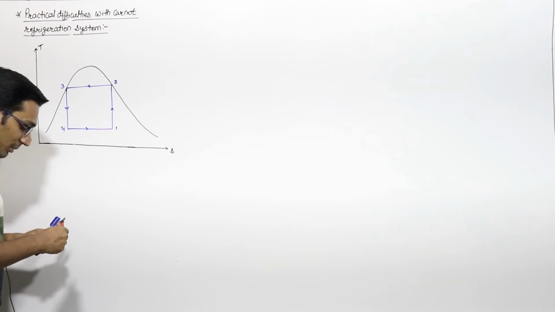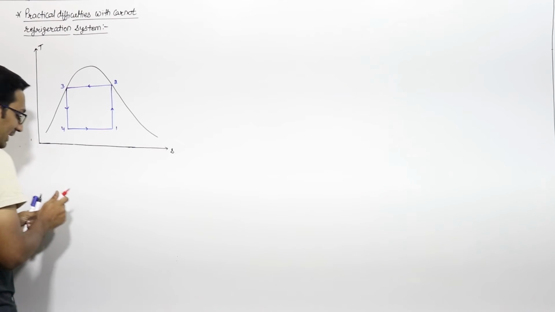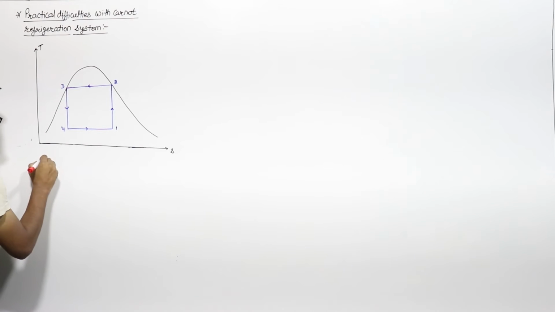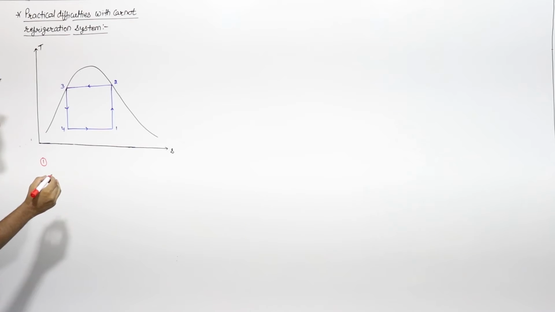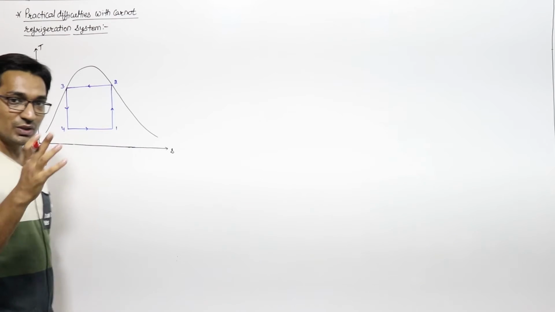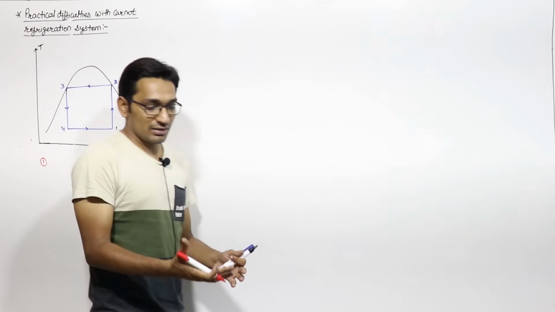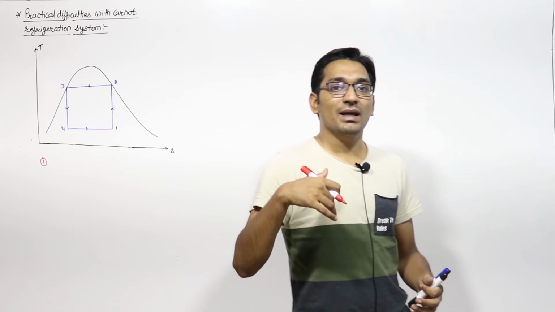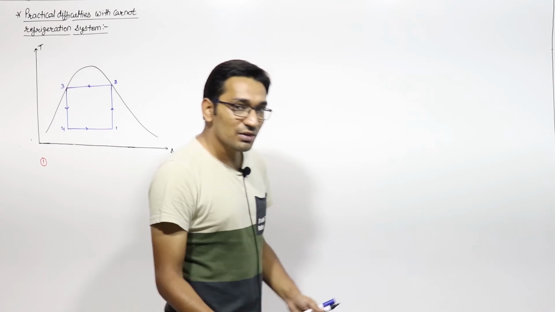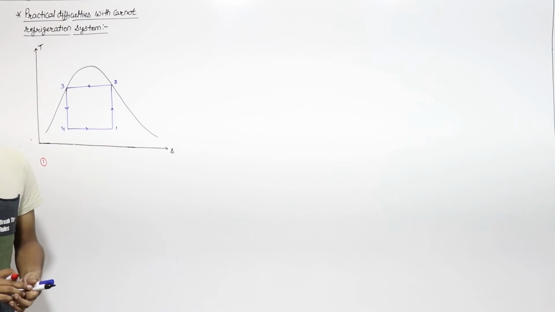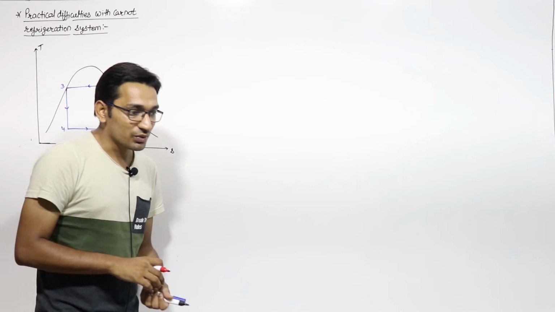The first difficulty, that all the processes are actually irreversible, is okay. But if we make a process reversible, there are still some practical difficulties associated with this Carnot cycle.